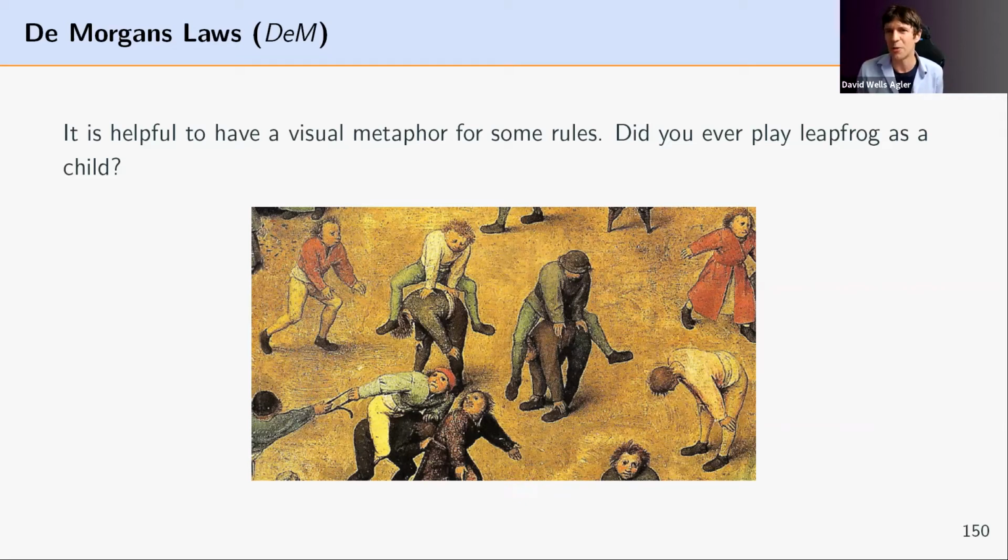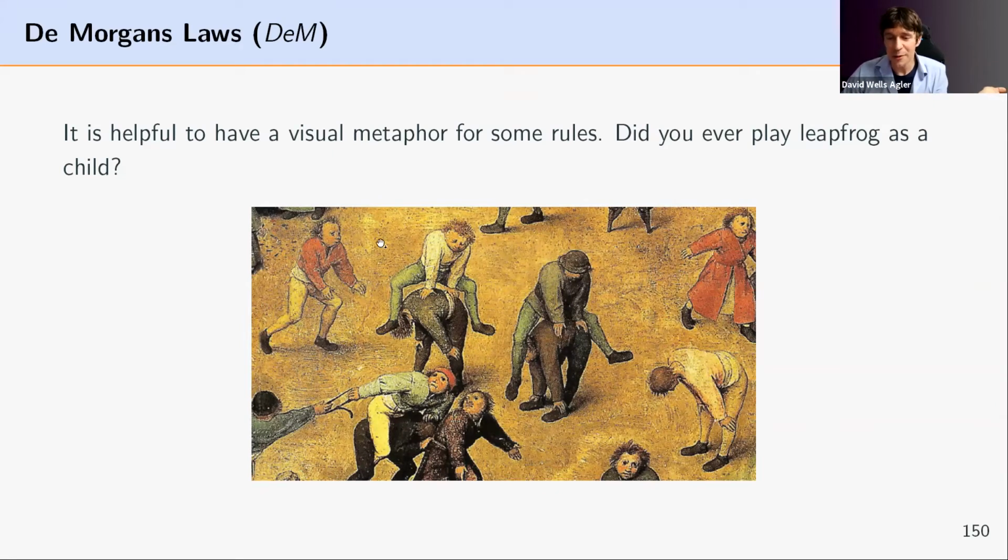Sometimes it's called like goat hop. And there are different variations on it. If you've never played this game, that's fine. But the idea is that a person kind of crouches down and you leap over them. And then they try to leap over you, and so on and so forth. And in the more competitive version of the game, you kind of get taller and taller, so it makes it more difficult to leap over them.